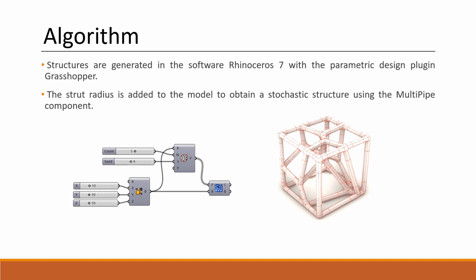The strut radius is added to the model to obtain the stochastic structure using the Multipipe component. The radius is the same in all struts using node size, as shown in the figure below. Porosity affects the mechanical properties of stochastic structures. Structures with high porosity are weaker because the distance between the Voronoi cells is greater, while those with low porosity are much stronger.